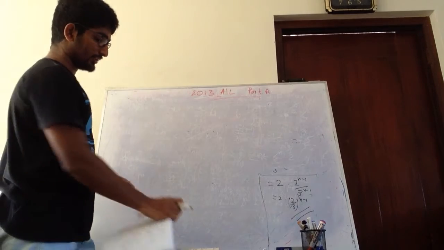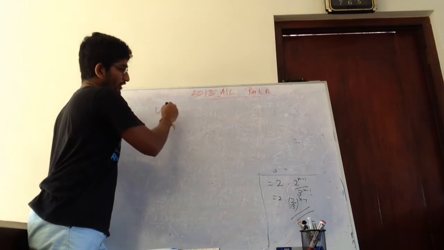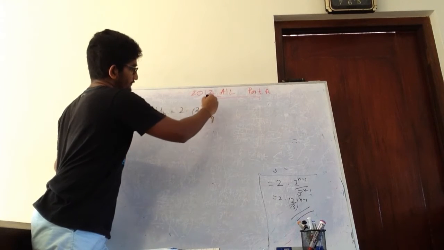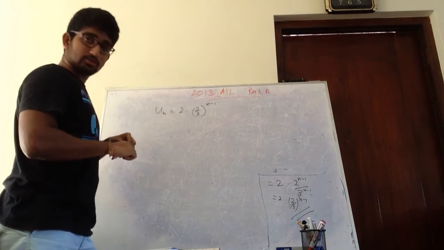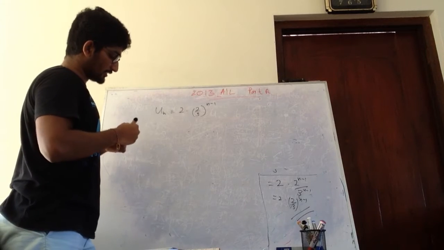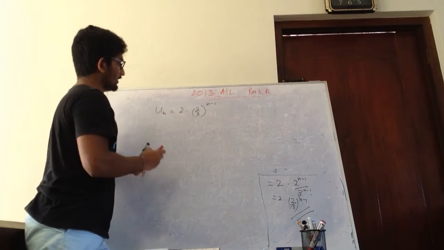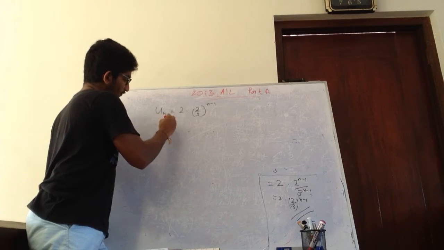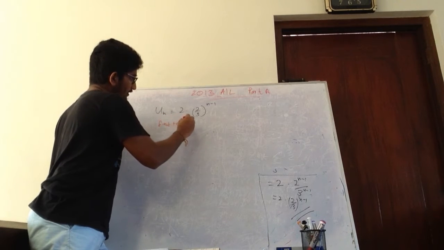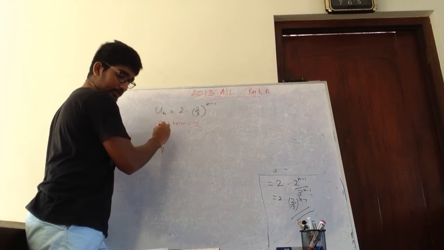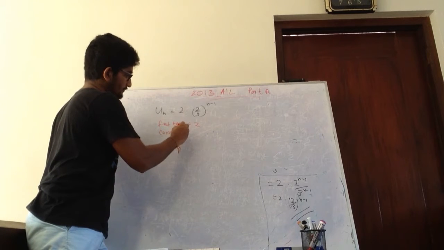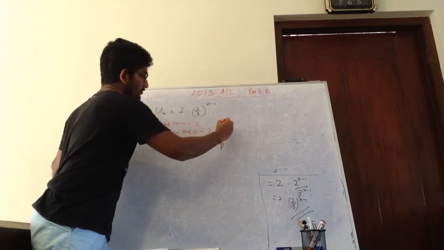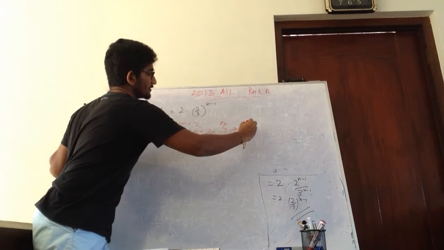So basically we found that Un is 2 times like this, no? Right? So basically the first term is 2 and the common ratio is 2 over 3. So this is basically a geometric series.